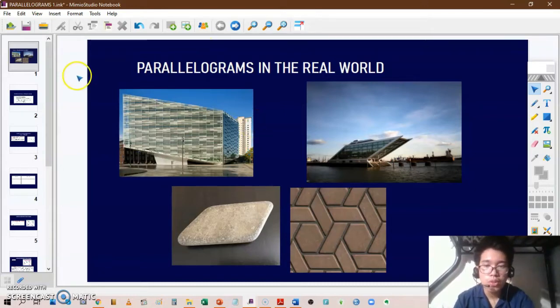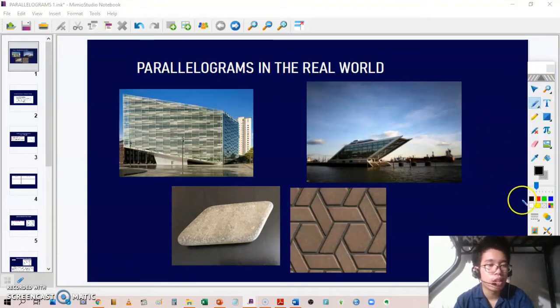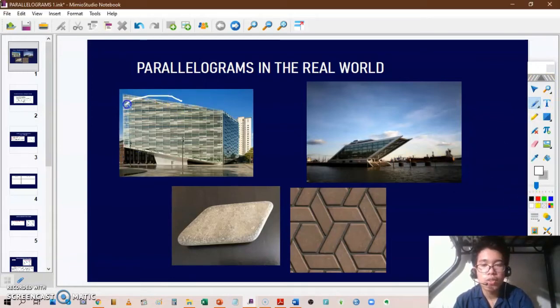That's why it's not common in nature to find perfect parallelogram figures, but in cities and urban dwellings, we can see a lot of those applications.